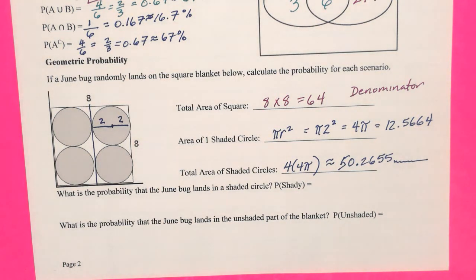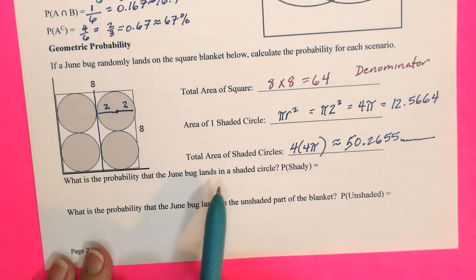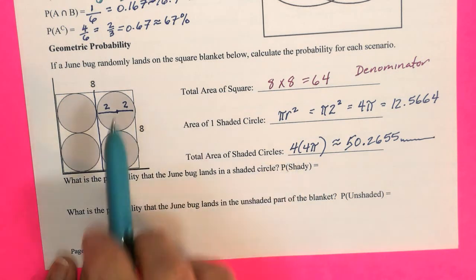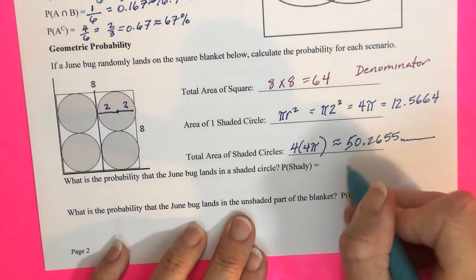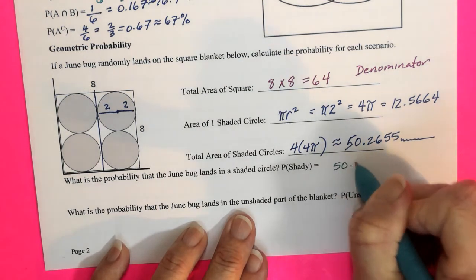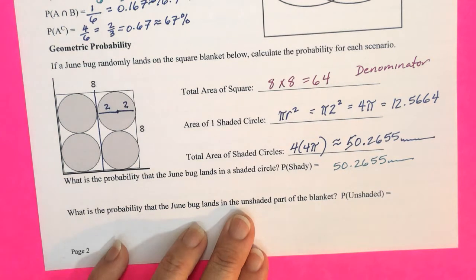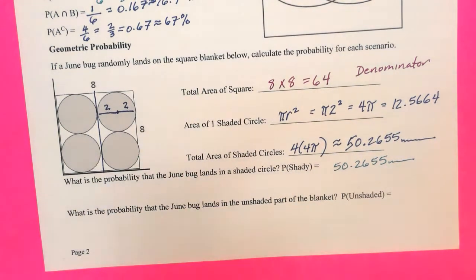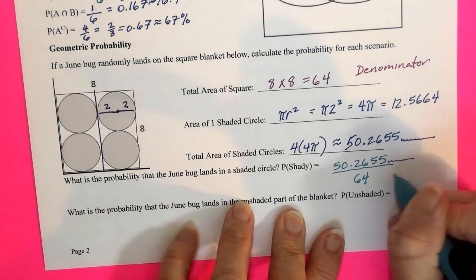So now we want to look at what is the probability that the June bug lands in a shaded circle? Well, there's 4 of them. So we need to take the number we just got for total shaded circles, which my calculator is now holding with lots of digits I can't see. I'm just going to capture that from my calculator and put it over my denominator, which is my 64.